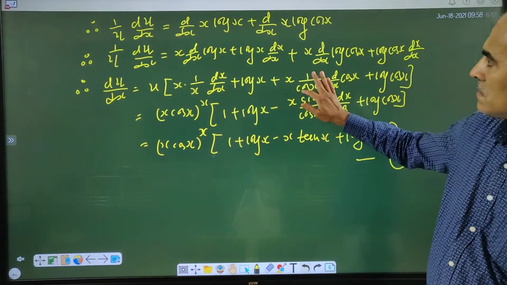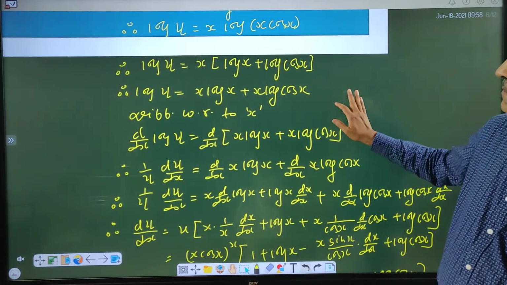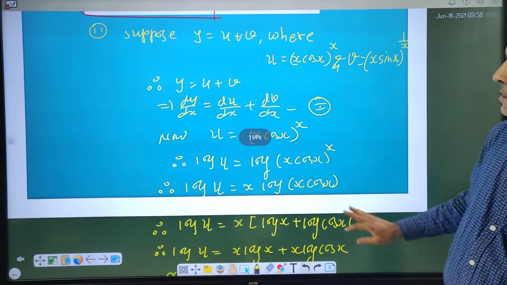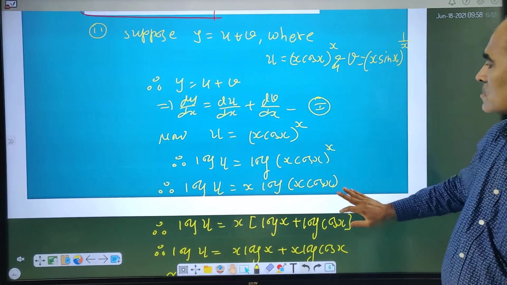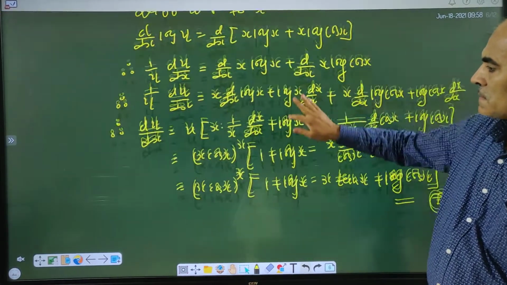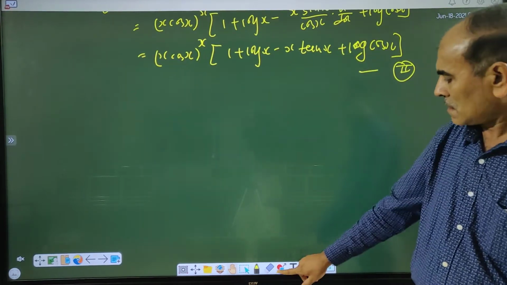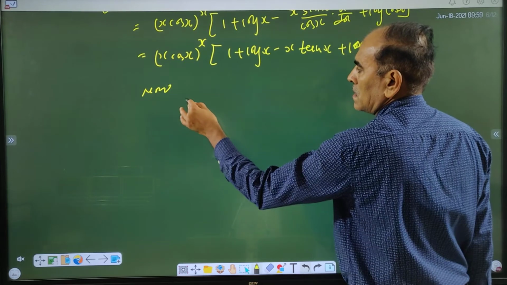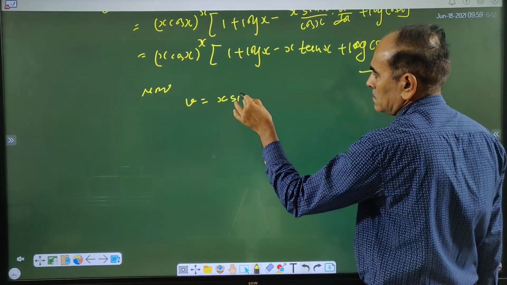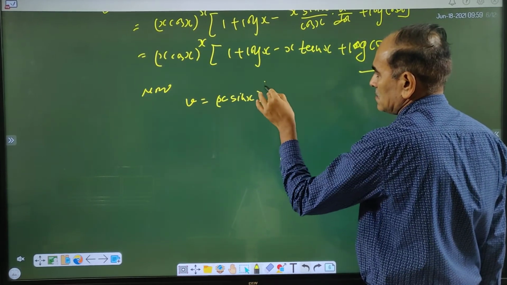Here, once again, is a 4 marks question. dv by dx. Now let us see what it means. x sin x raised to 1 by x. What is v? Now v is equal to x sin x raised to 1 by x.